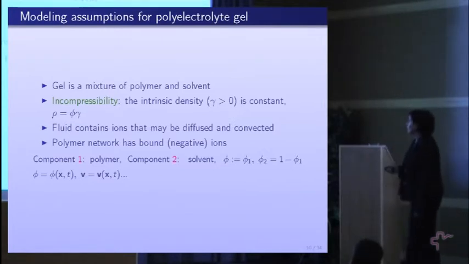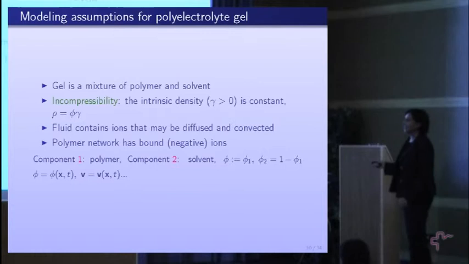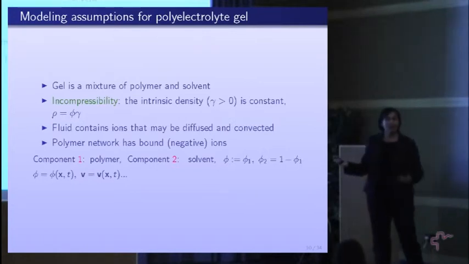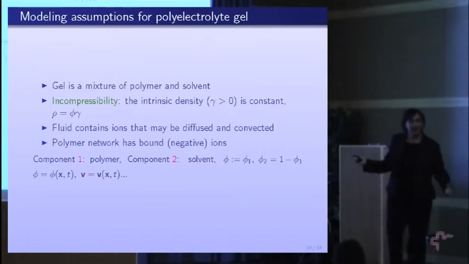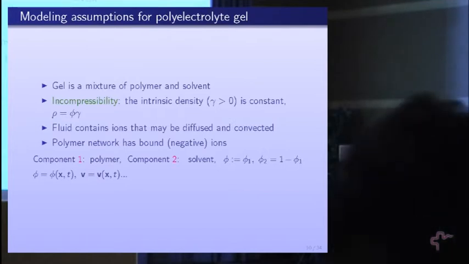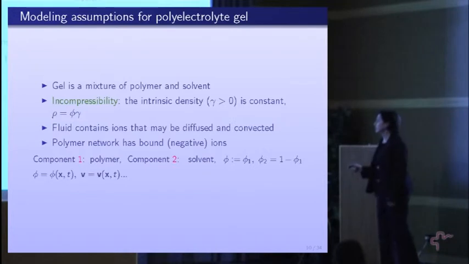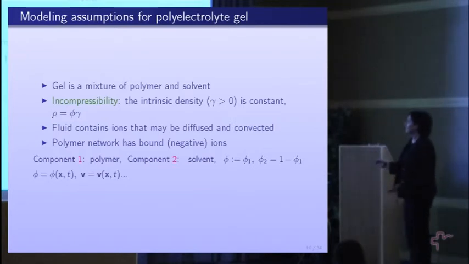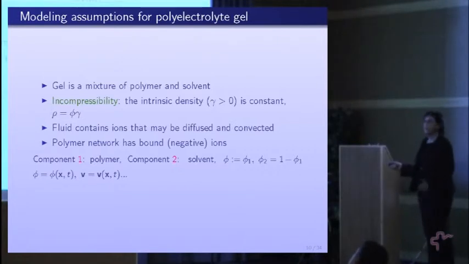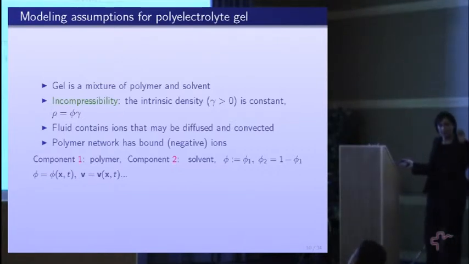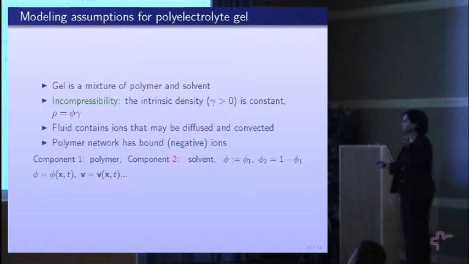These kinds of models are also used in processes of oil recovery, and there are phases in it that are not incompressible but very compressible. Now, the fluid contains ions that may be diffused and convected, and the polymer network has a bound charge. It has negative units, side groups that are attached.